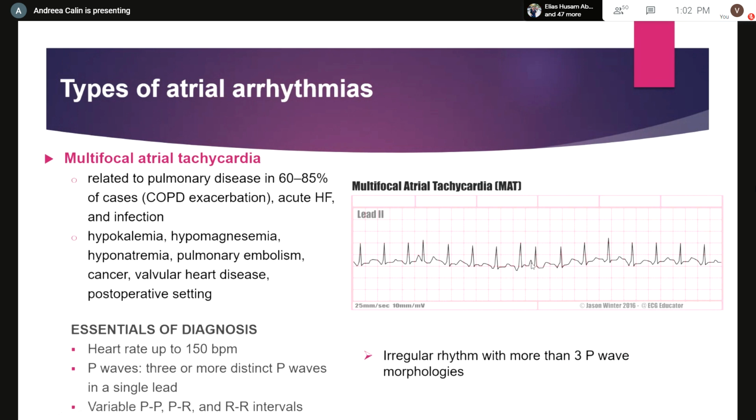You can see that the P wave here looks like this, and it's not similar to the P wave here or here. So we have at least three distinct P waves in a single lead. The rhythm is irregular, and we have great variability regarding the PP, PR, and RR intervals. So this is multifocal atrial tachycardia.